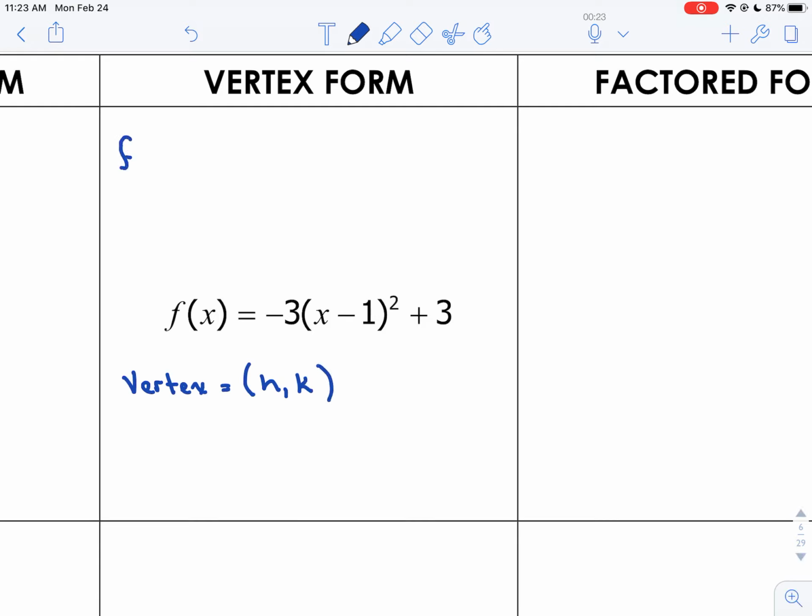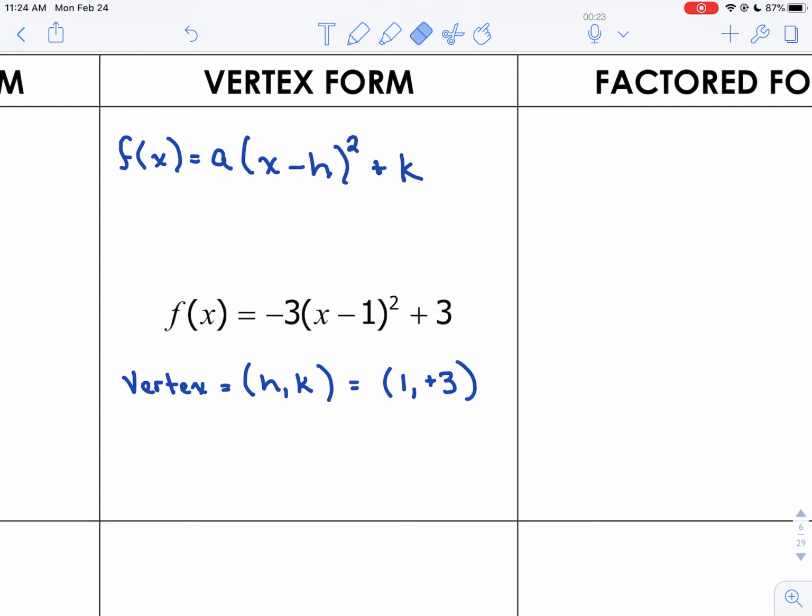I'll rewrite vertex form up here for you: a(x minus h) squared plus k. That's why when we have it in vertex form, when we're pulling out that h value, it's always going to be the opposite value. So for our example here, our vertex is (1, 3).